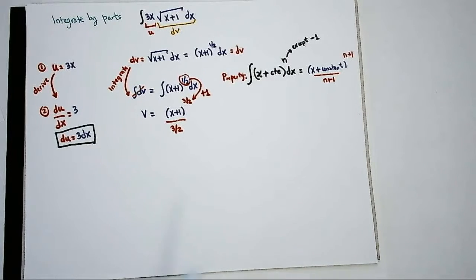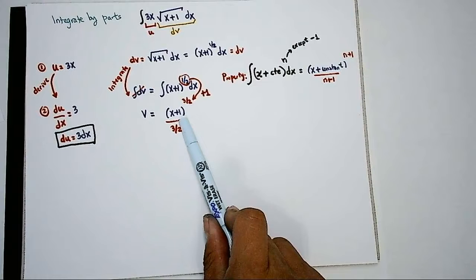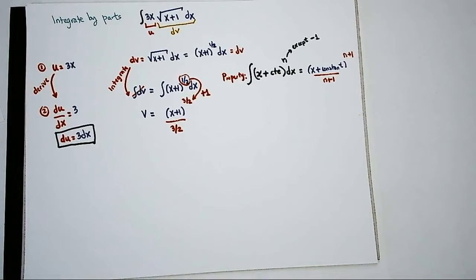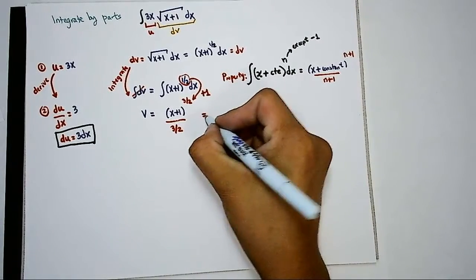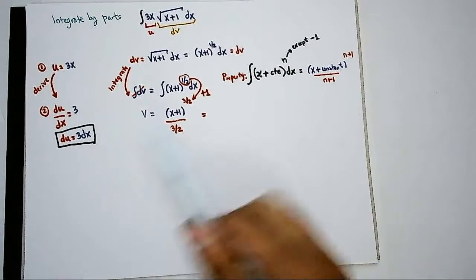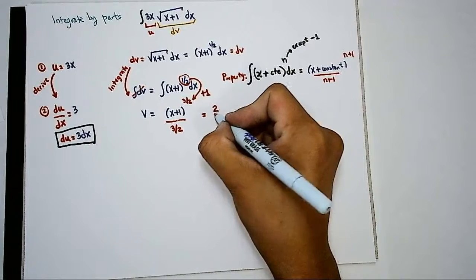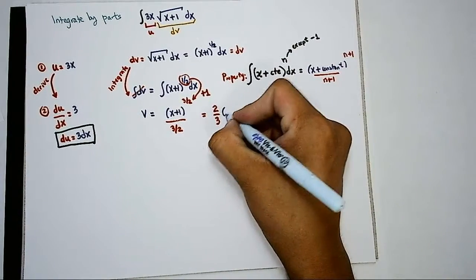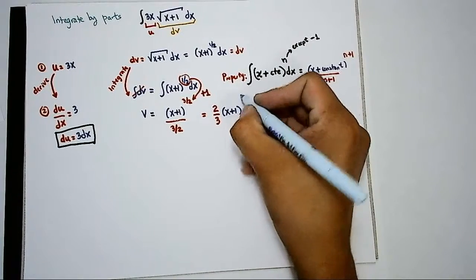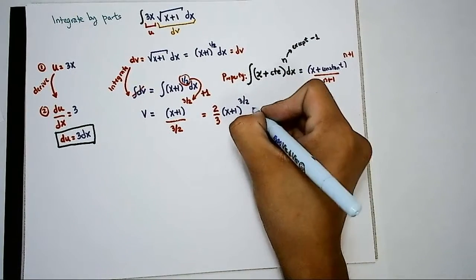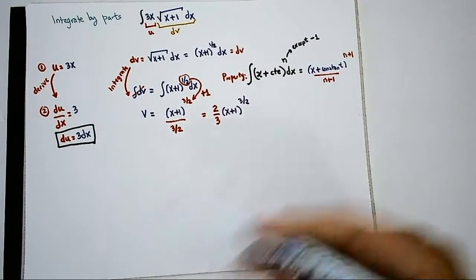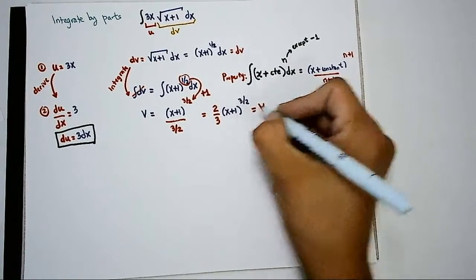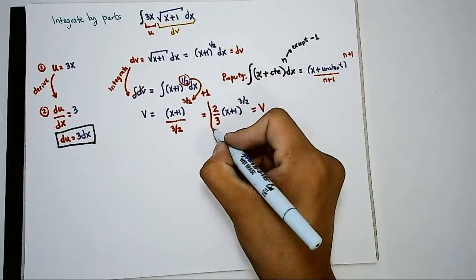Now, because we have 3/2 in the denominator, we can move it as 2/3 in the numerator. And this is our v.